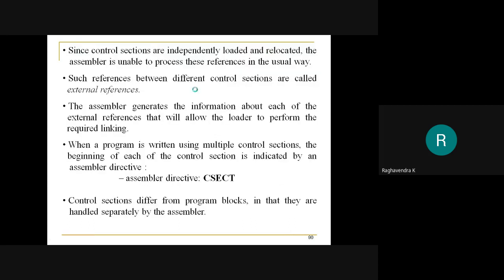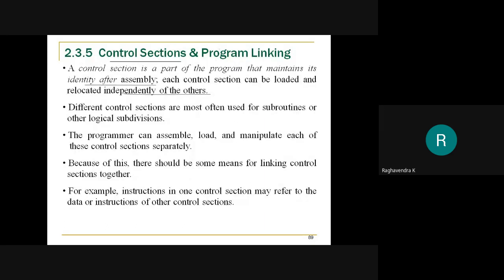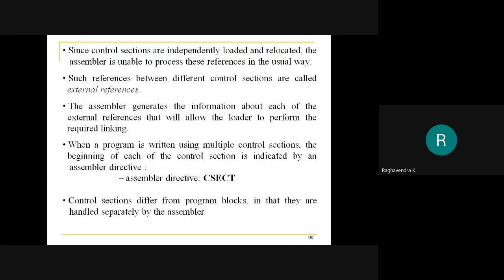Okay, now since they can be loaded anywhere, obviously we need to ensure that there is proper linking, and that's where we discuss the concept of program linking between different control sections. Okay, now how do we create a control section? As I already told, we have to make use of the CSECT assembler directive, and this CSECT directive will contain a name of the control section.